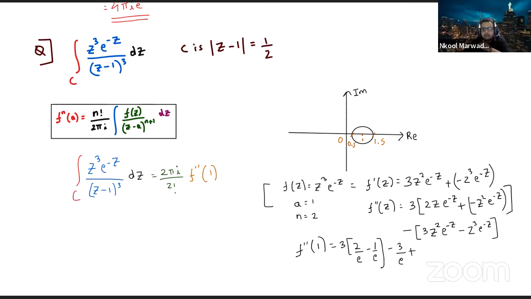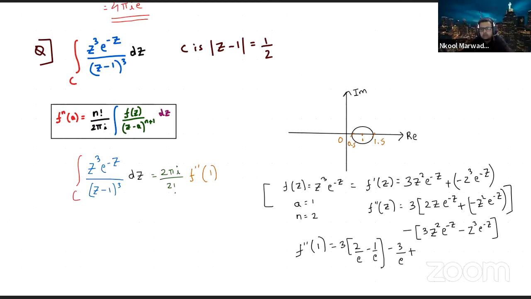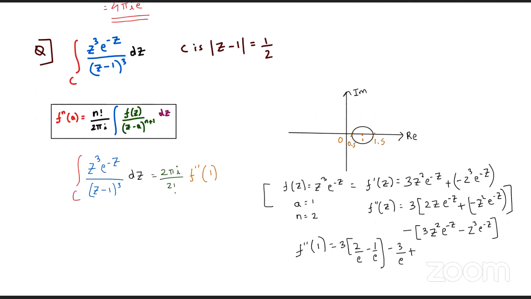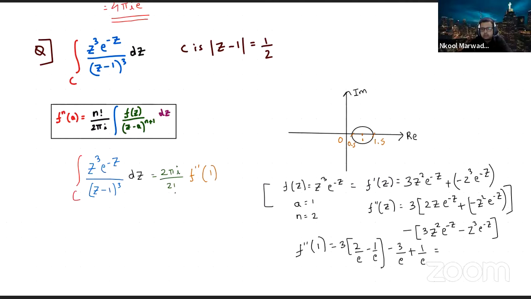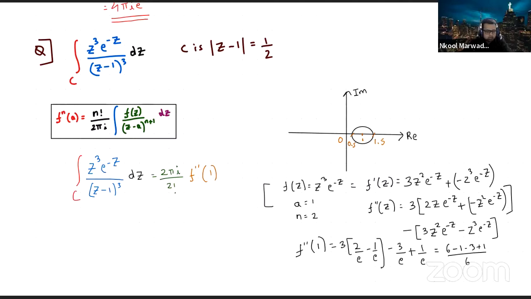f double dash 1, yes, so sir, e to the power of z also, right, minus from below. Plus 1 by e. 6 minus 1 minus 3 plus 1, 6 minus 6 minus 3.